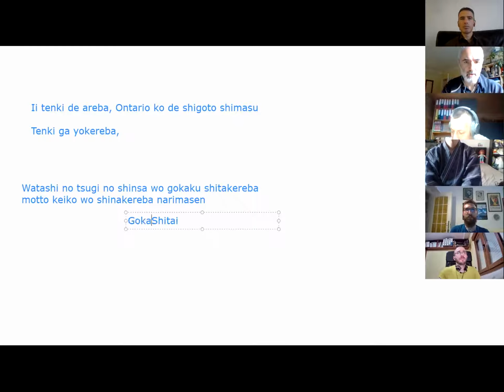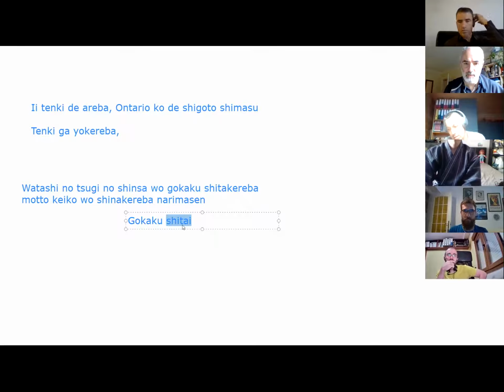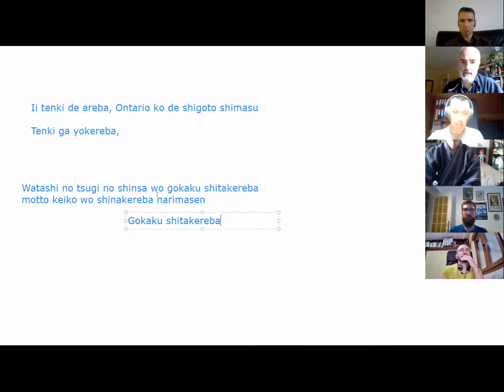And then this bit here, of course, is an i adjective, shitai. So what Aga did was take off the i and put kereba, shitakereba, if I want to pass. Easy as that. Motto, even more, keiko o shinakereba narimasen. I have to train even more.